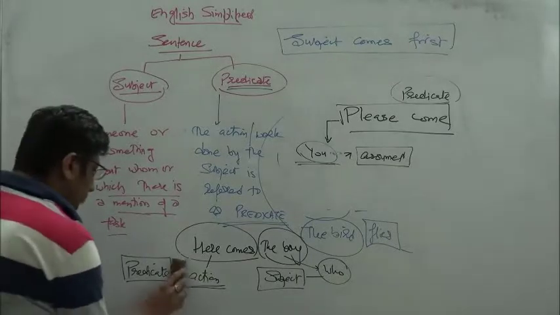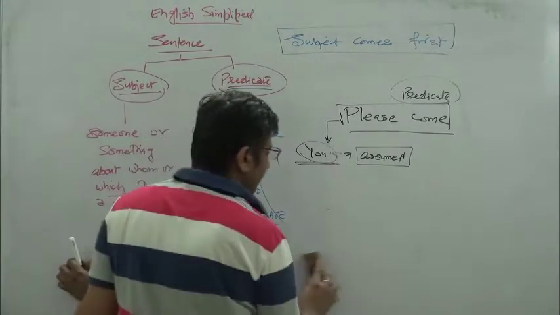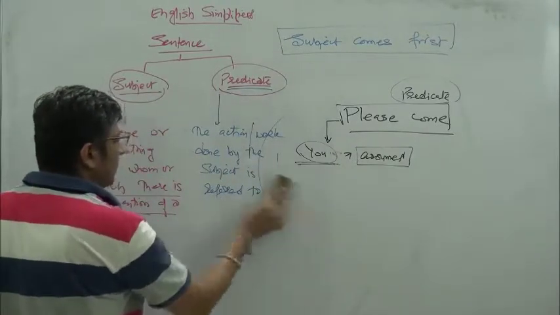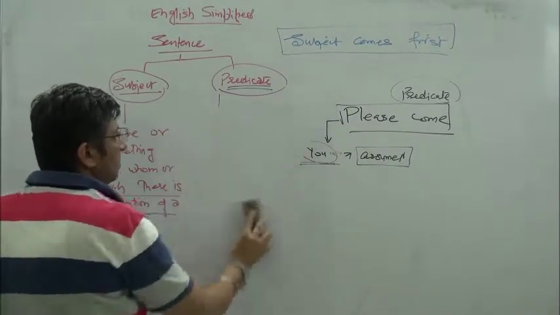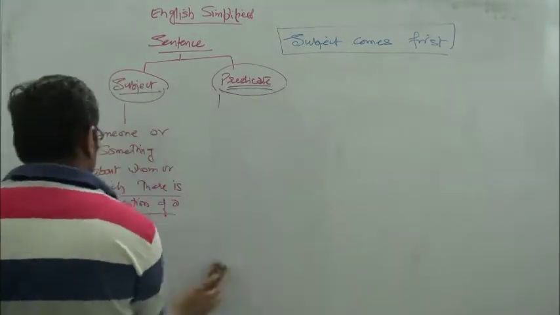One more thing that we want to talk about here is sometimes there can be more than one person or thing in a sentence. Okay?